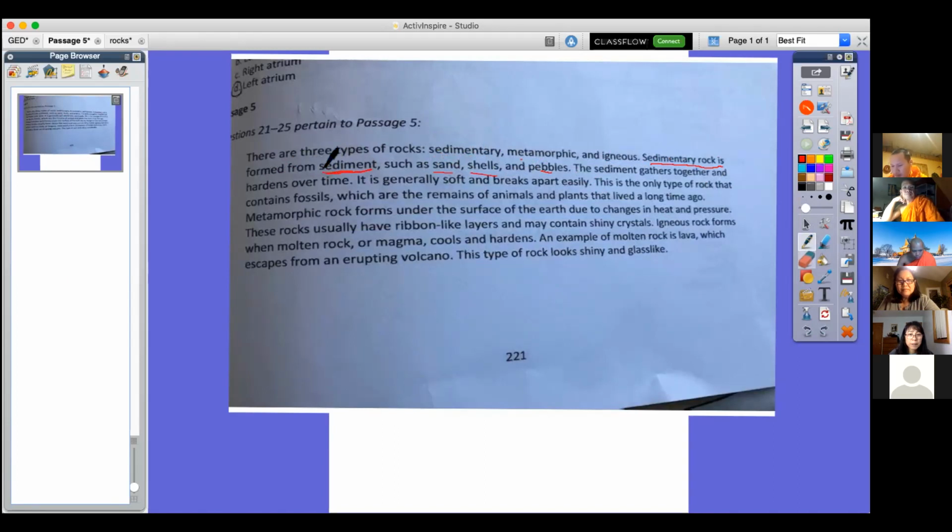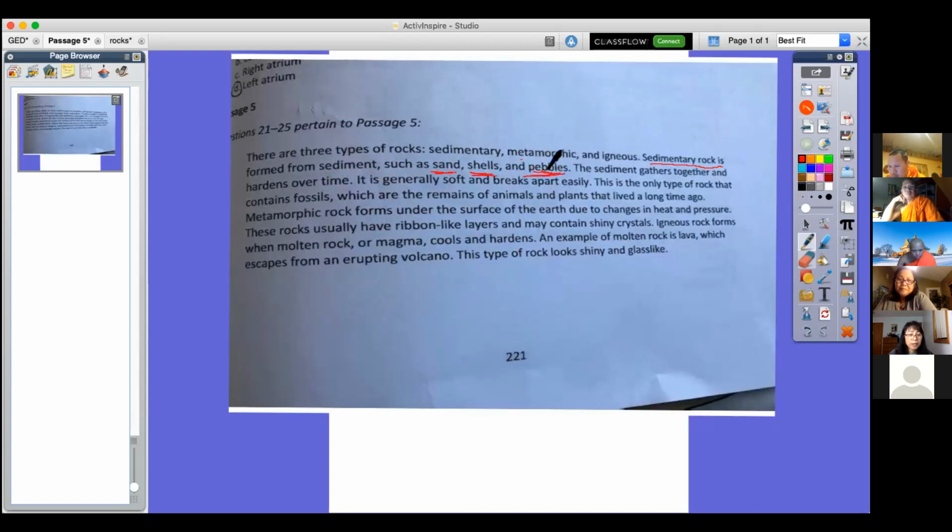What is sediment? Oh, sediment such as sand. Okay, I see. Think of it that way. So sedimentary rock comes from sand, from shell and pebble.